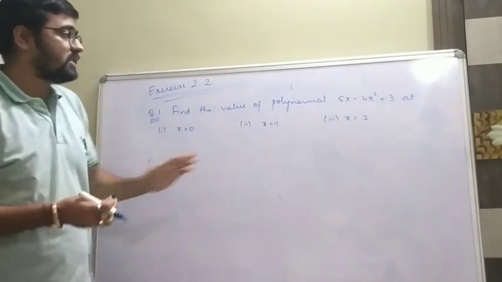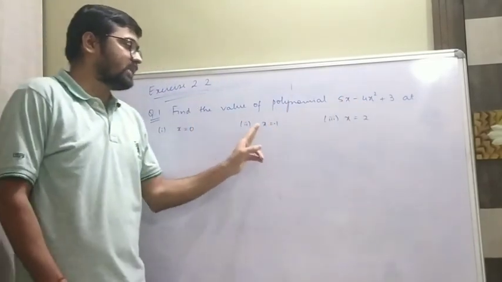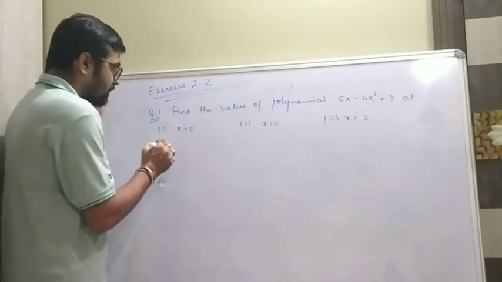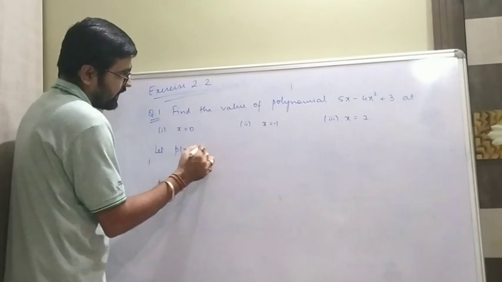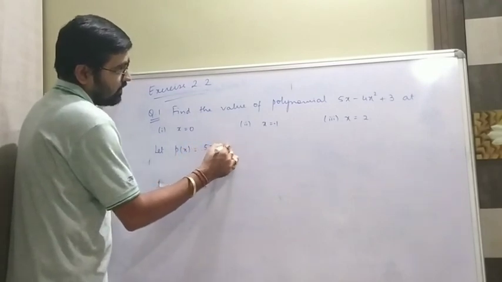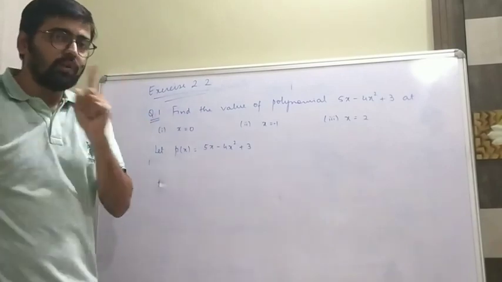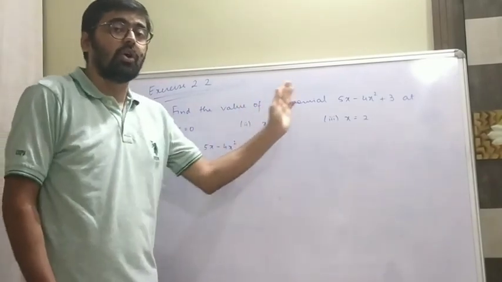So what I want to do is find the value of this polynomial at x equals 0, x equals minus 1 and x equals 2. So what can I do? First of all, I will let p of x equal 5x minus 4x square plus 3. But I told you one thing, always arrange your polynomial in descending order.